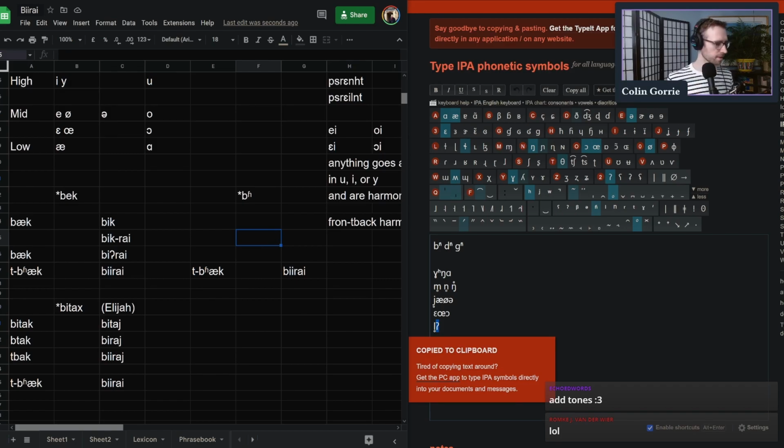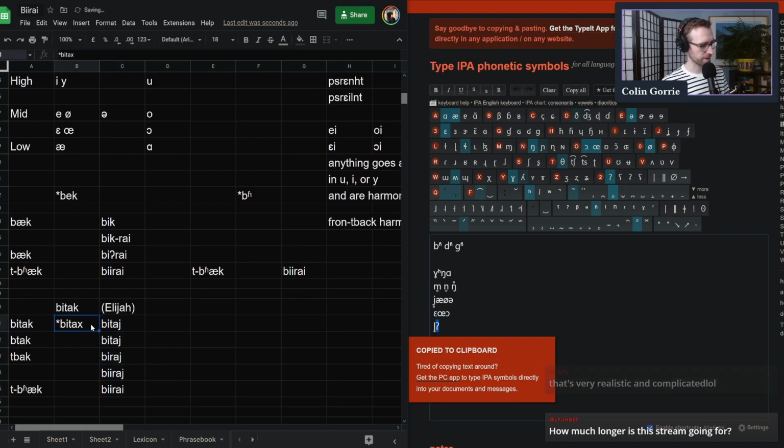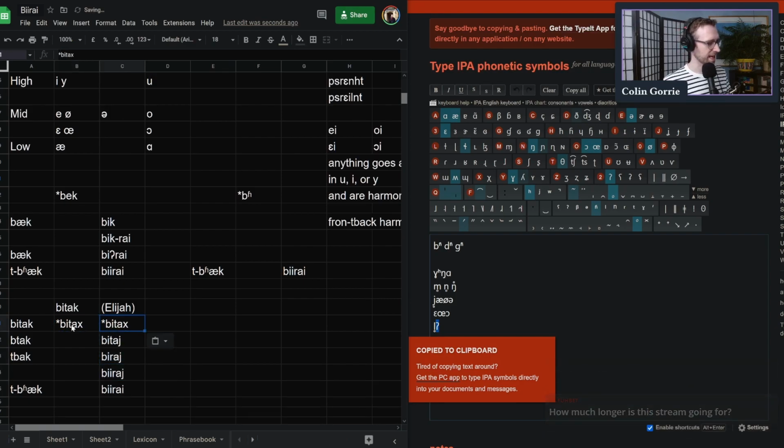Who was it? Quain. That instead of having fortition of Bitach into Bitak, we could just have Proto-Biirai and have Bitach go into Bitai. So Bitak, Bitach, Bitai. And then Proto-Tbæk is actually much more, much fewer steps.